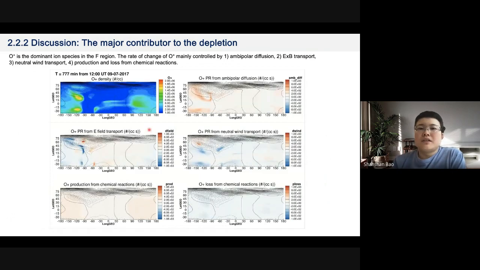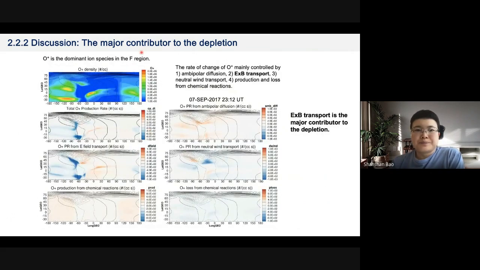Clearly, this is the total production rate of O plus, and the blue means it has a reduction at the area which corresponds to the trough region. And we can see that obviously E-cross-B transport is the major contributor to the depletion.